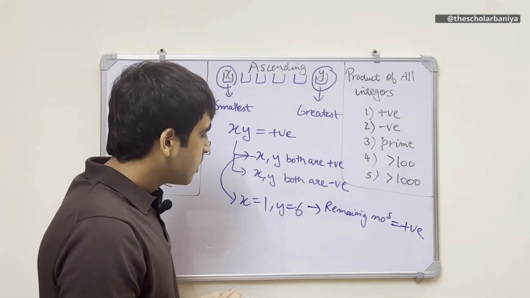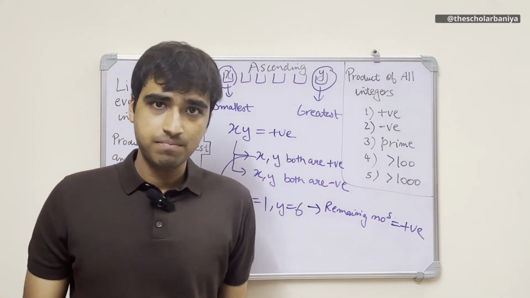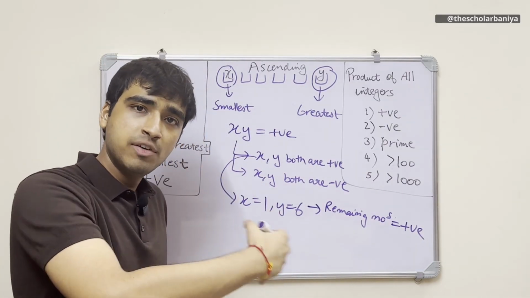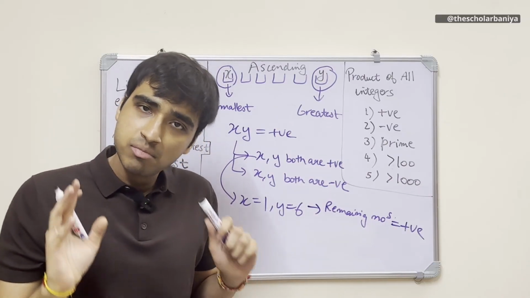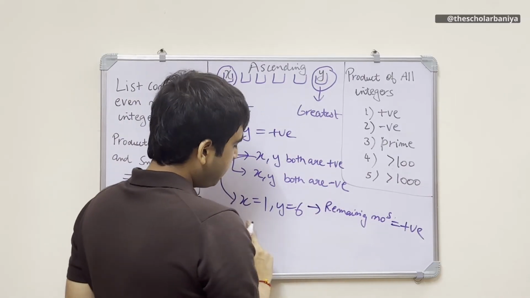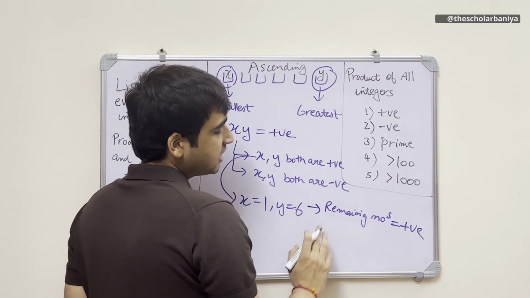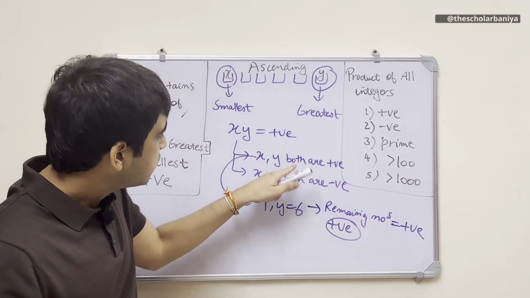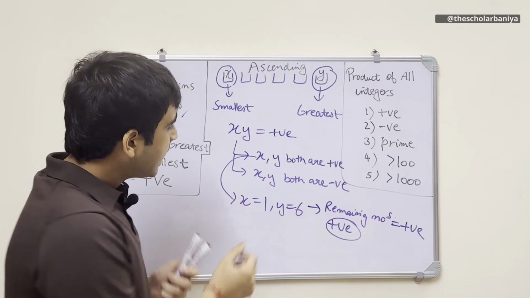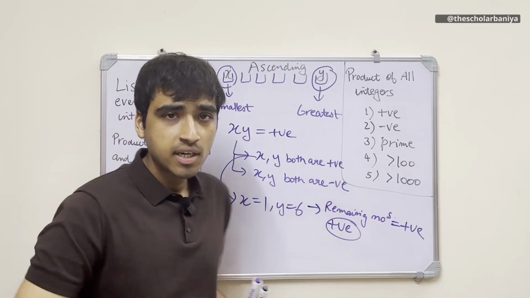So if we multiply all of them, positive into positive into positive into positive into positive into positive, obviously the final answer will be positive. So this is for this case.